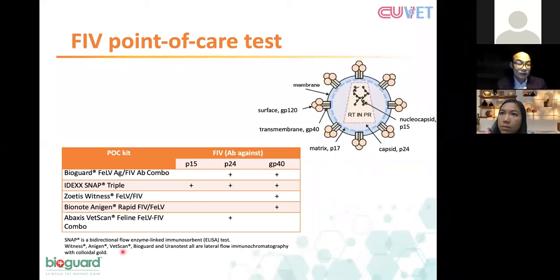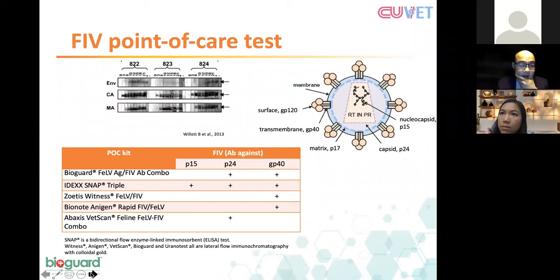And for Abaxis VetScan, they detect only antibody against the capsid protein. When you choose a point of care test for FIV, you have to remember what target of antibody they use in the test kit, because it might help with your interpretation of the test result. I will tell you about that later.